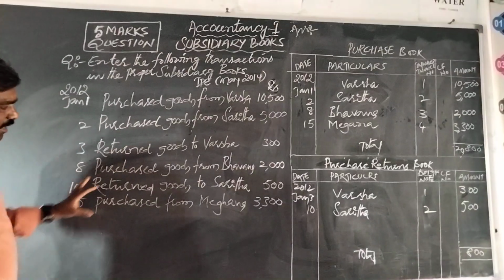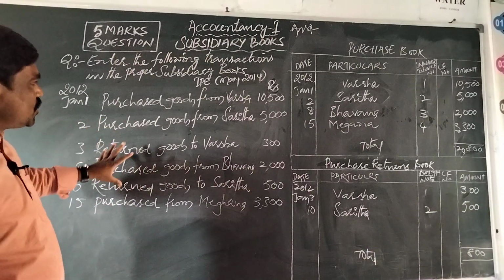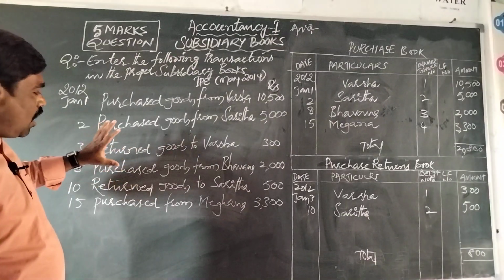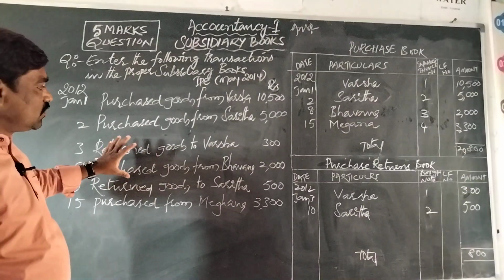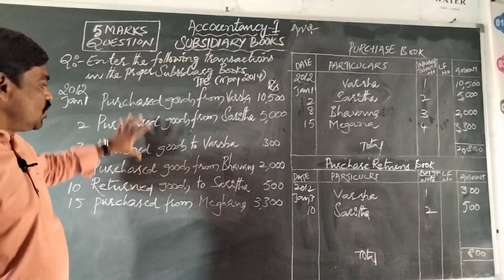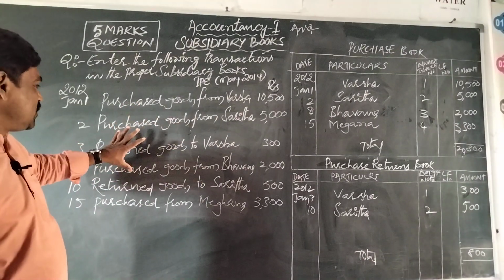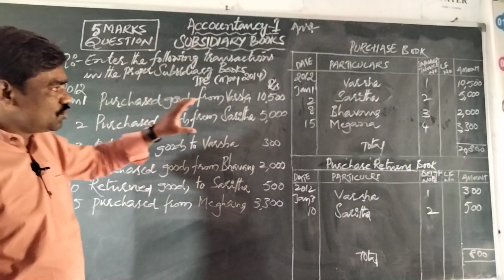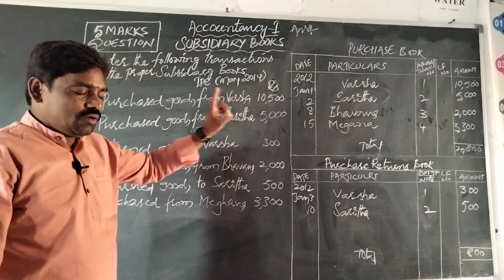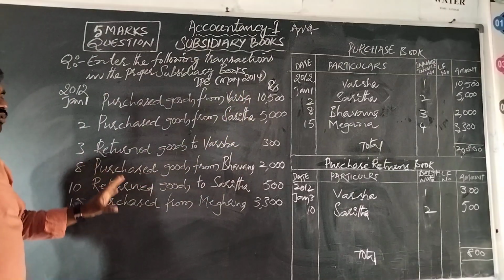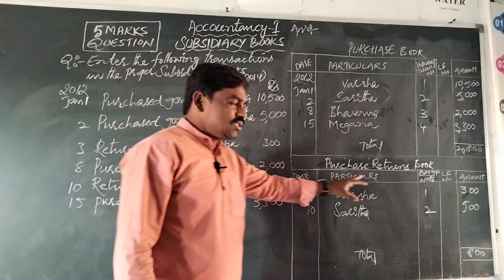After analyzing all these transactions, we ask ourselves which subsidiary books we need to prepare. If you observe, there are only two types of transactions, purchases and purchase returns. For purchases we prepare one subsidiary book, the purchase book. For purchase returns we prepare one more book, the purchase returns book.